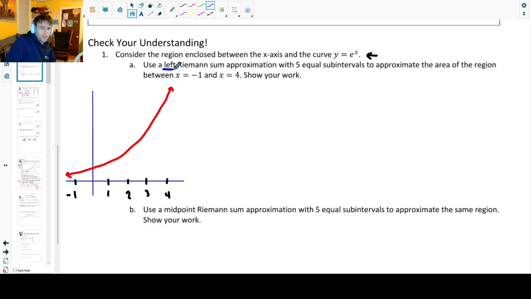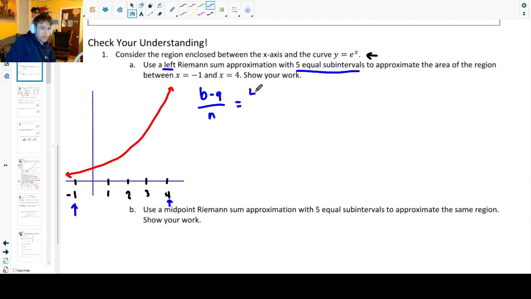And we're going to be using a left Riemann sum with 5 equal subintervals. So we need to split this up from -1 to 4 into 5 equal subintervals. So we can use that formula b minus a divided by n, where b represents the end of our interval, a represents the beginning of our interval, and n represents the number of intervals we have.